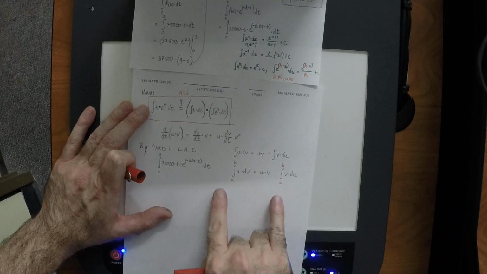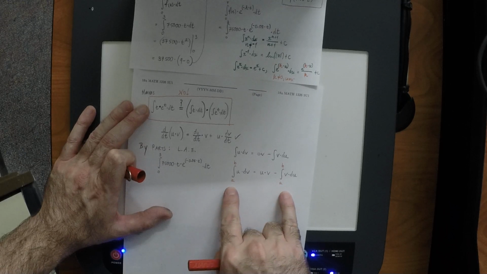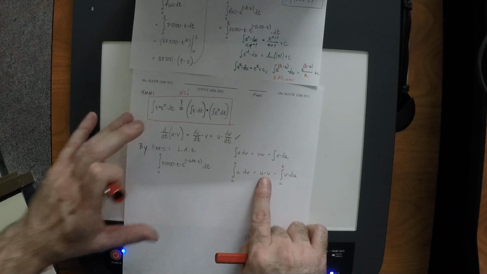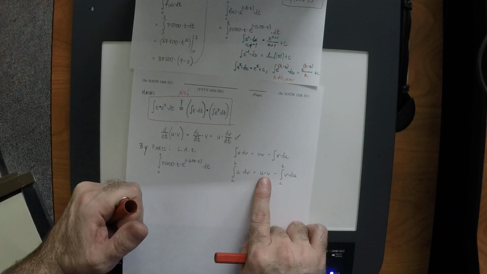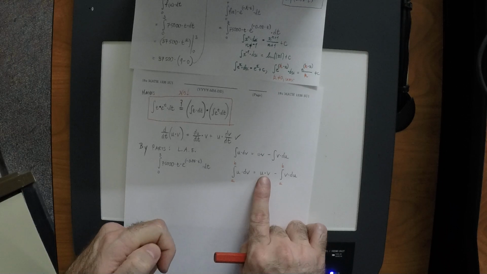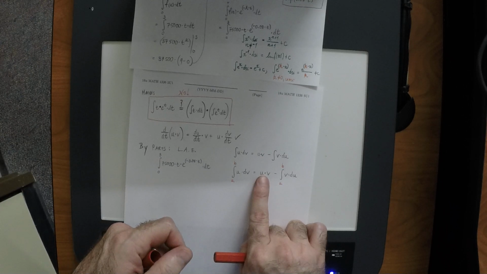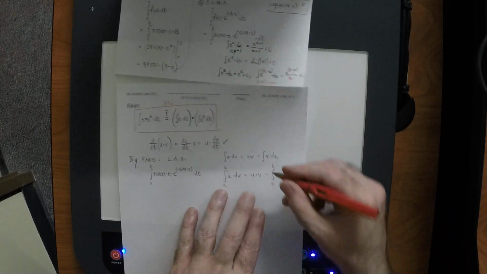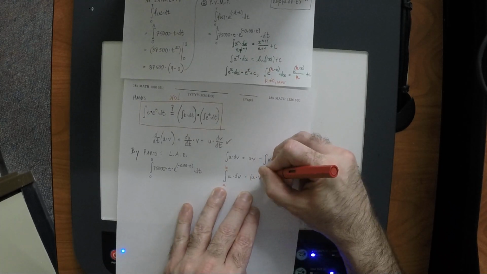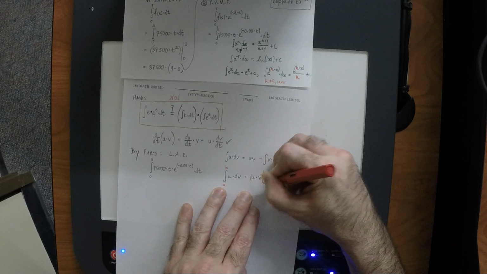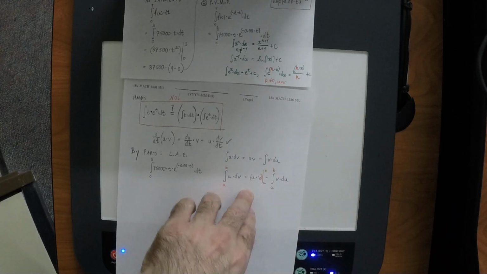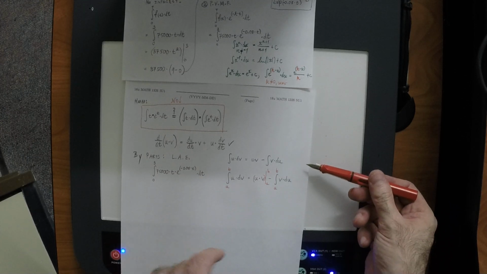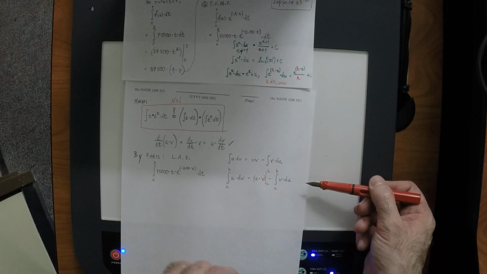Most students can get that, but the corresponding change to this is often left off. What modification is necessary for this one? Right. You have to do the boundary evaluation, a to b, like that. So this formula on the top is antiderivative by parts, and this one is integration by parts.